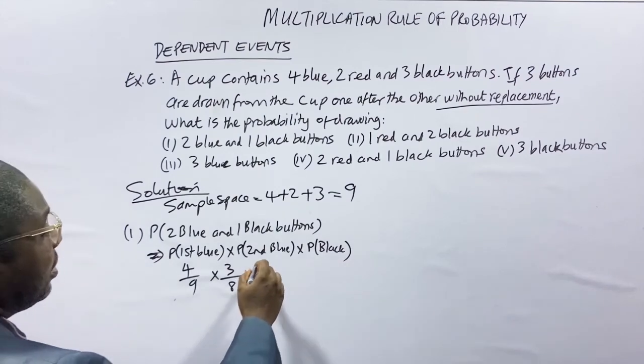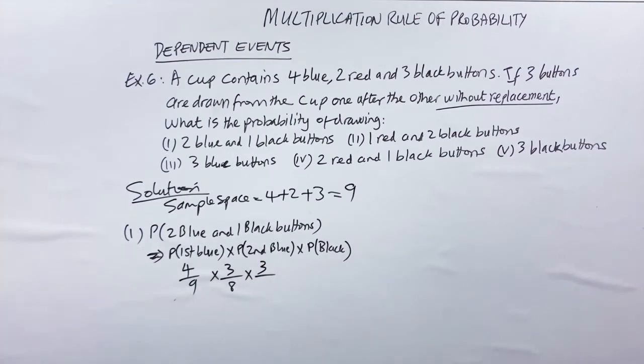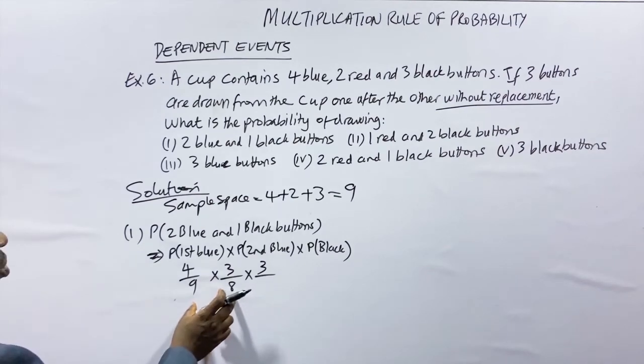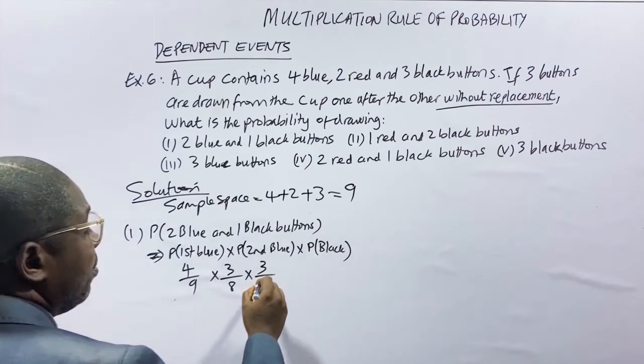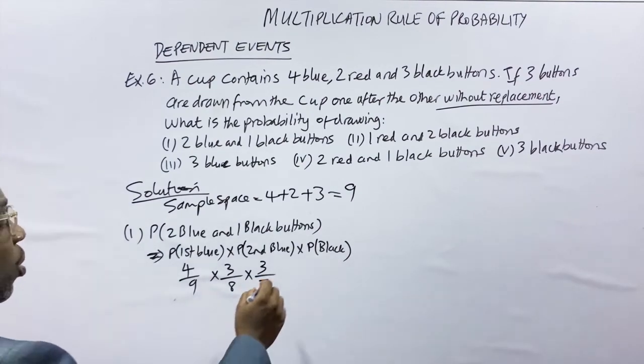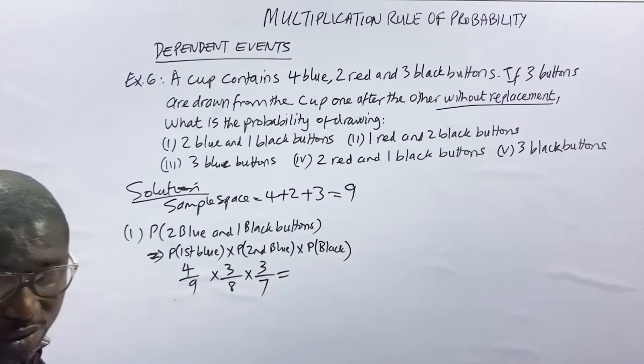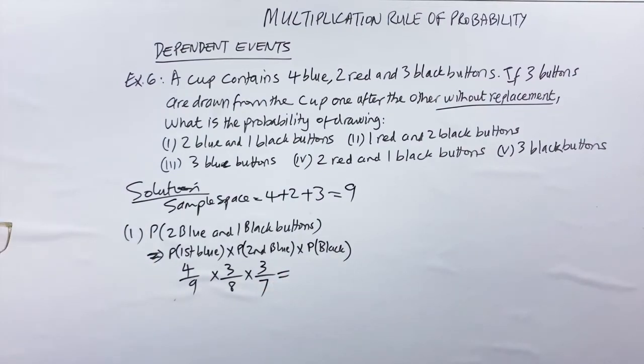We have 3 black buttons, but the number of buttons we have left in the cup will now be 7. 2 buttons have been taken earlier, so we're left with 7 buttons. So the task now is to find the solution to this problem. Now, what do we do in order to solve this?